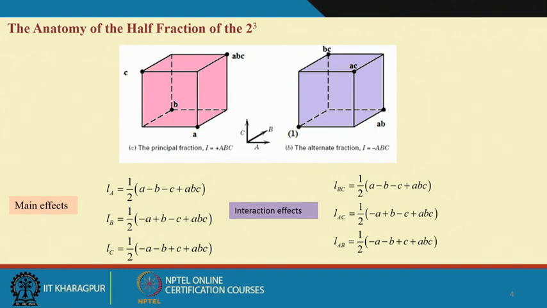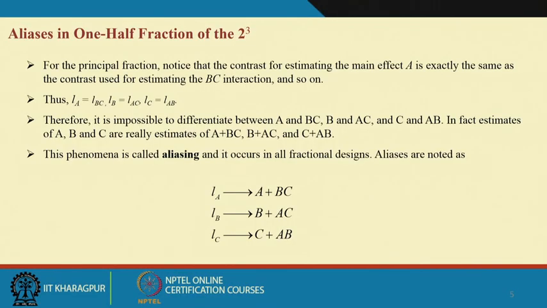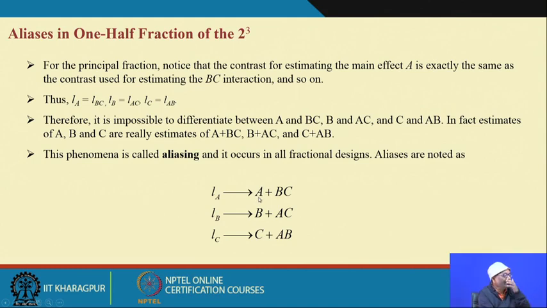So calculation is possible, but as I told you, this calculation is aliased. This is the alias structure, because LA is not the effect of A only, it is the effect of A and BC, that is why A plus BC. LB is B plus AC, LC is C plus AB.